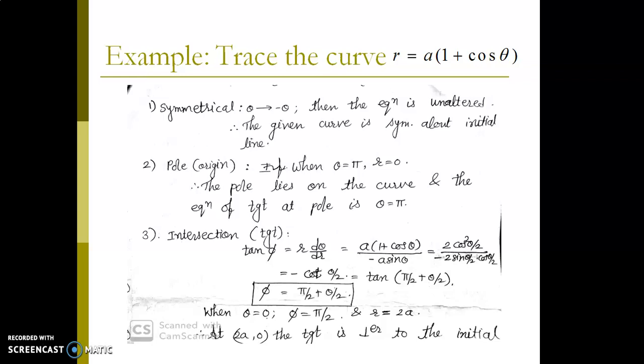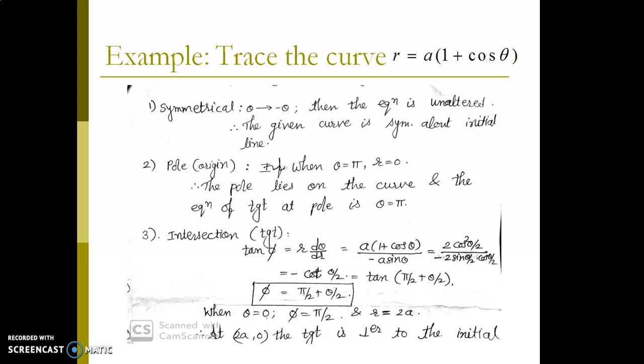Now here we discuss an example of polar form. Trace the curve cardioid r equal to a into 1 plus cos theta. We have six conditions for symmetry. We can check them one by one. If any one of these conditions is satisfied, we directly go to the second point. First, symmetry.